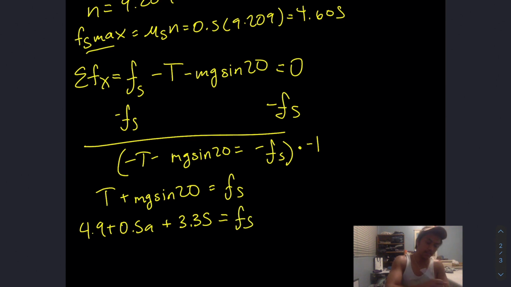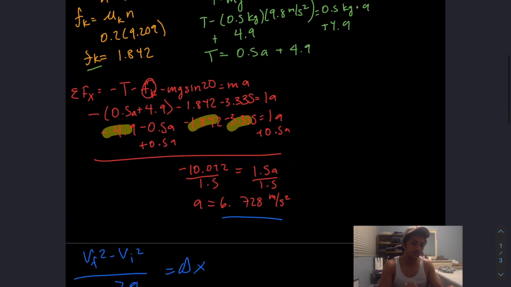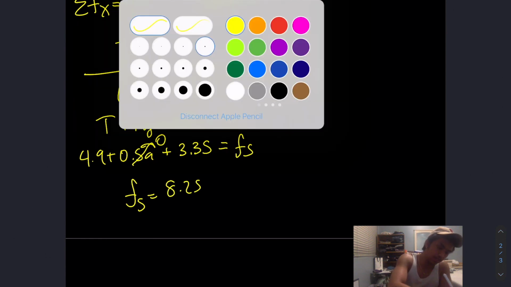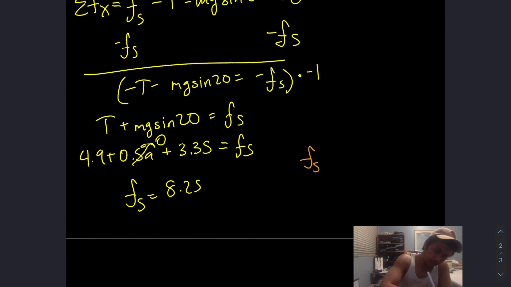The acceleration here goes to 0 because the acceleration found up here was for the y component, but this is for the x component, and for the x component the acceleration is 0. So I get static friction equals 8.25, and the book will slide down because Fs max is less than Fs, so it will slide down.